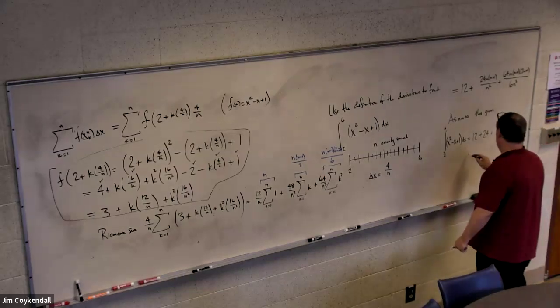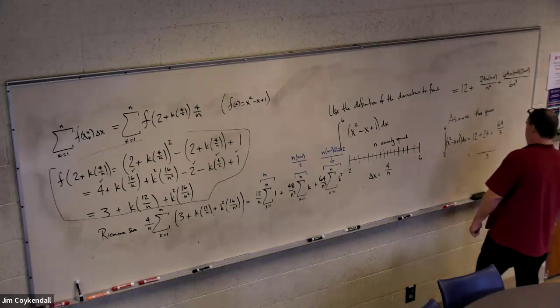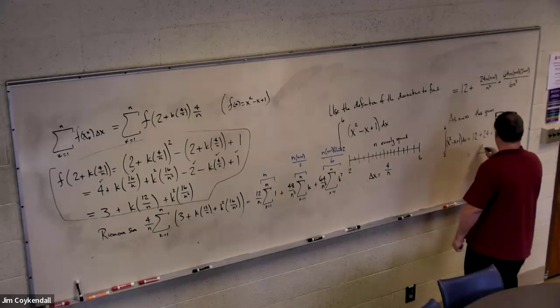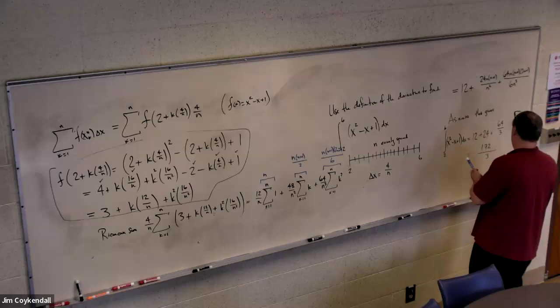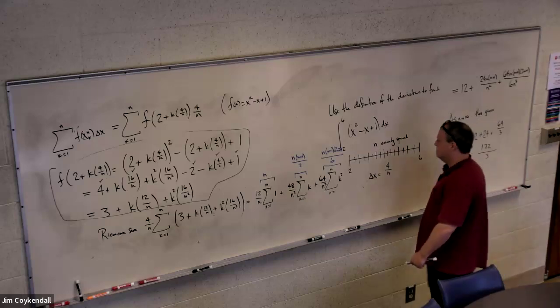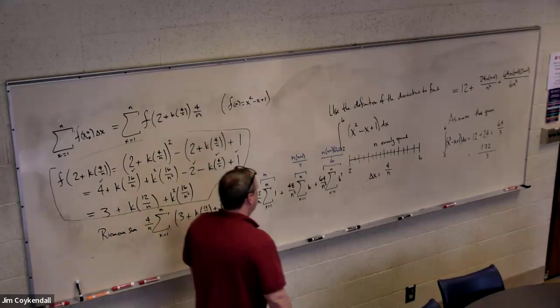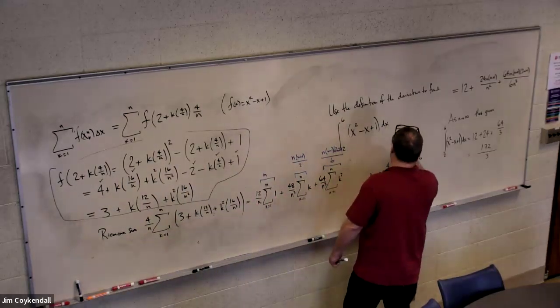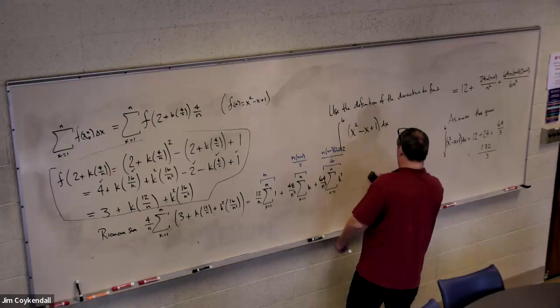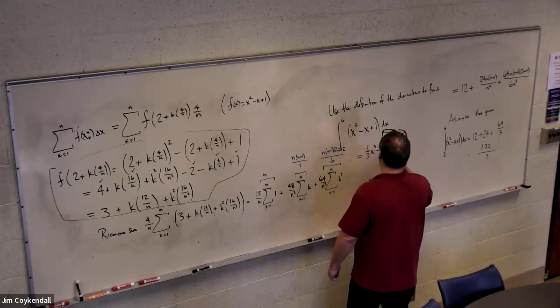So I get 107. Here's the number for, I probably should erase it because it's screwed up. Fundamental theorem of calculus gives us this is 1/3 x cubed minus x.